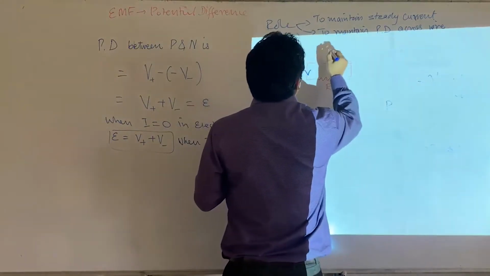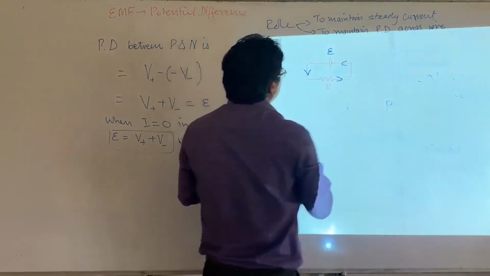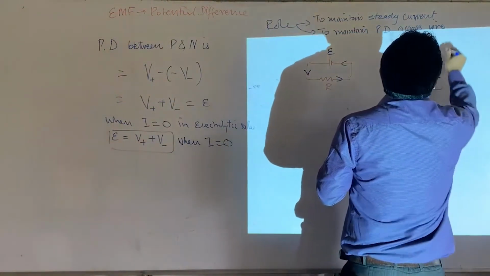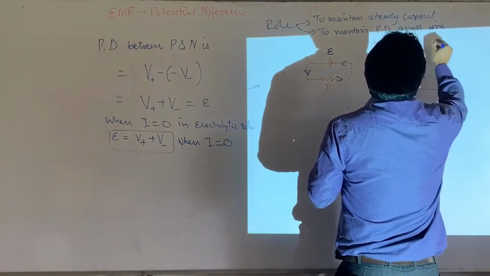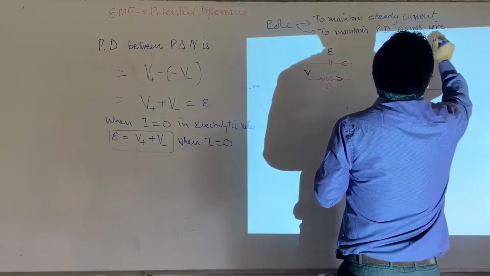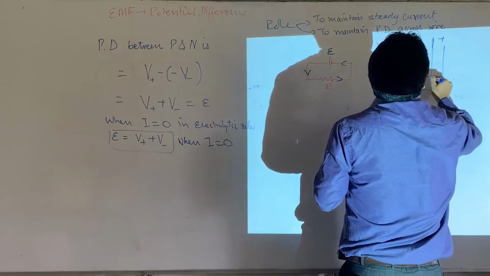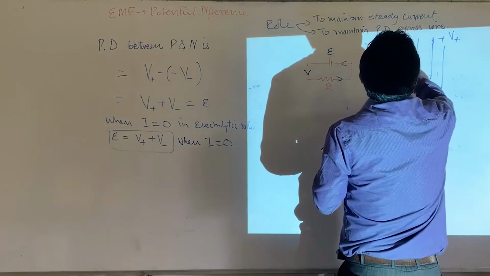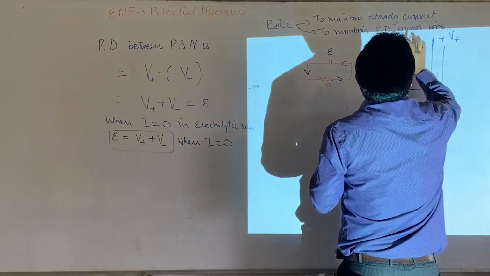I will draw this in a bigger way. This is the negative electrode, this is the positive electrode. This is positive potential, this is negative potential.